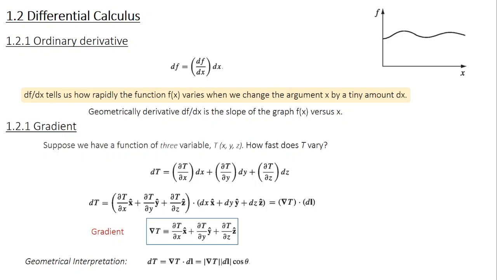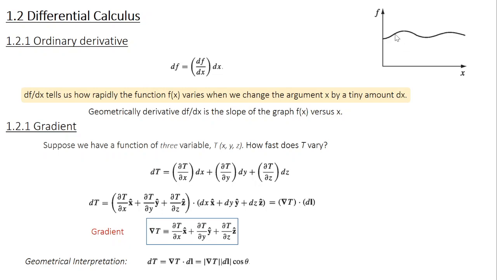Here, the derivative df by dx determines the proportionality. So it tells you how rapidly the function f of x varies when we change the argument x by a tiny amount dx. So if you plot f of x versus x, you can calculate df by dx at different points.